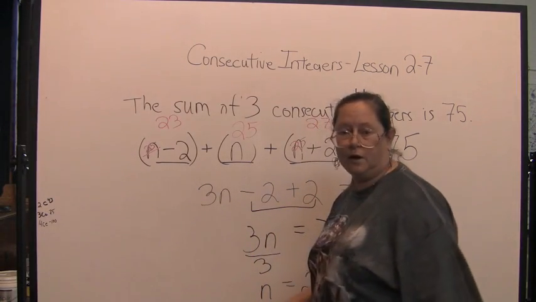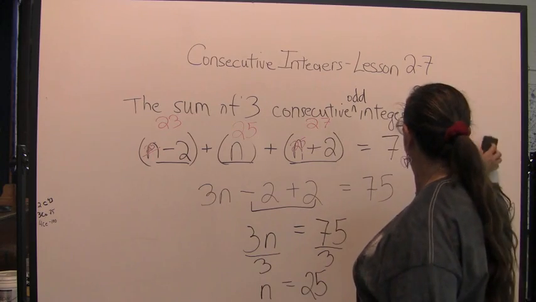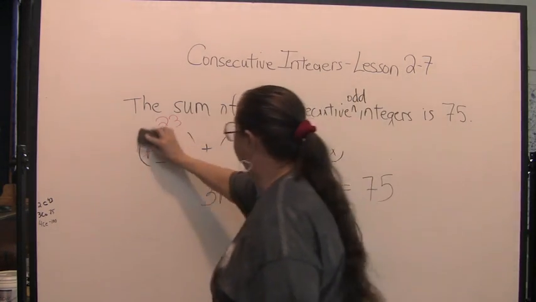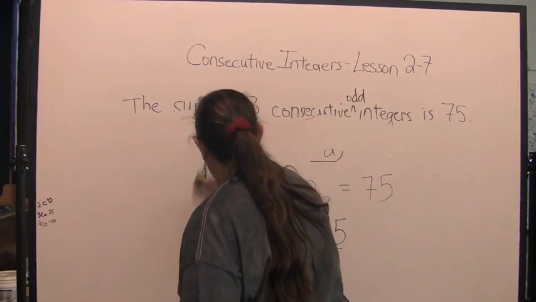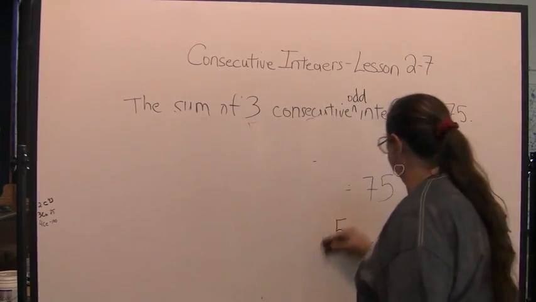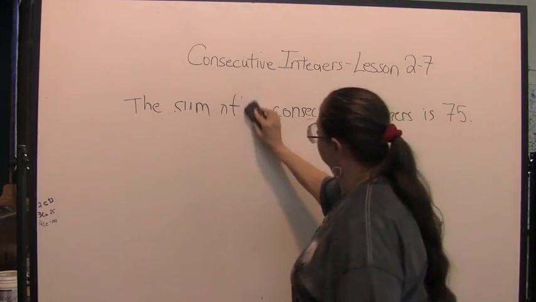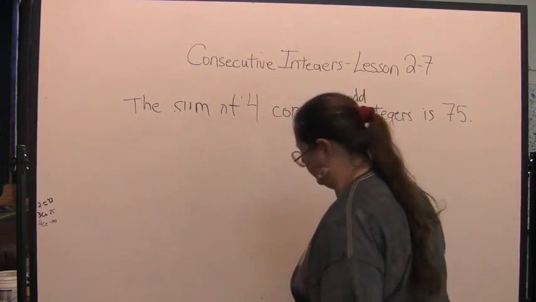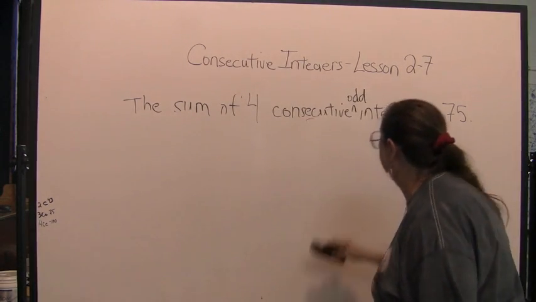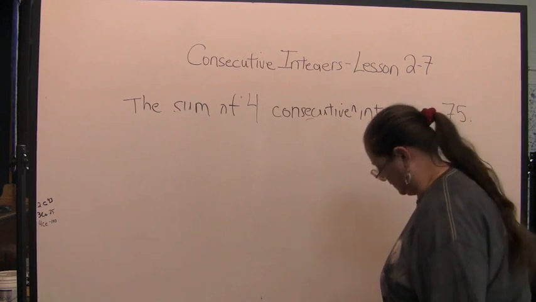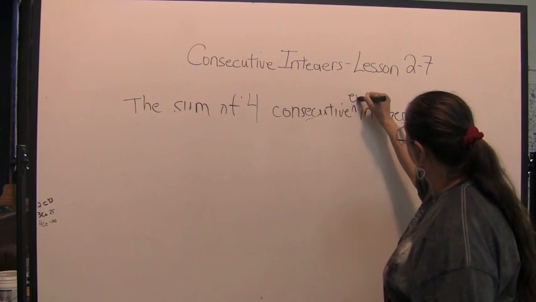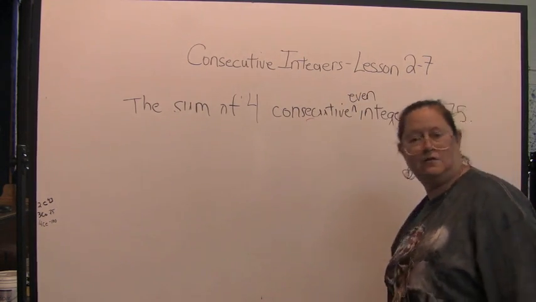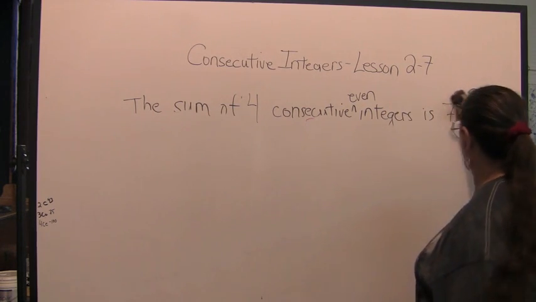All right, let's do one last one with even numbers. What if we had 4 consecutive even integers, and this time let's get a little different here.